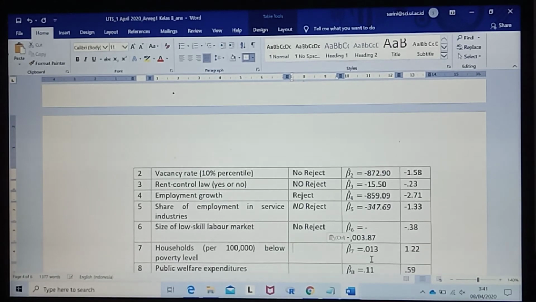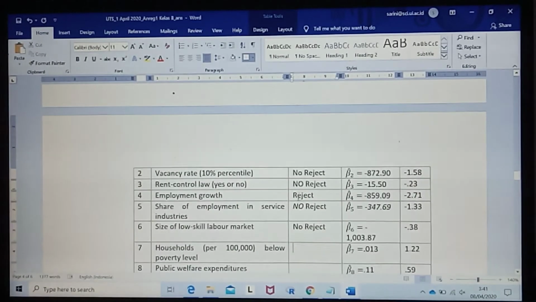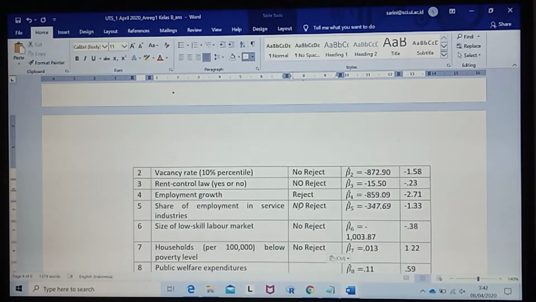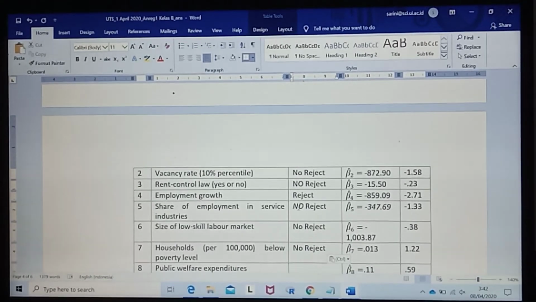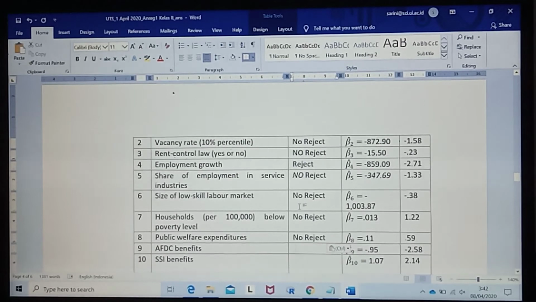1.22 is less than 2.03, so we don't reject the null hypothesis. 0.95 is also between minus 2.03 and 2.03, so we don't reject the null hypothesis.